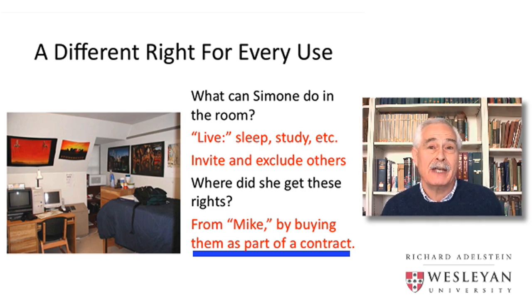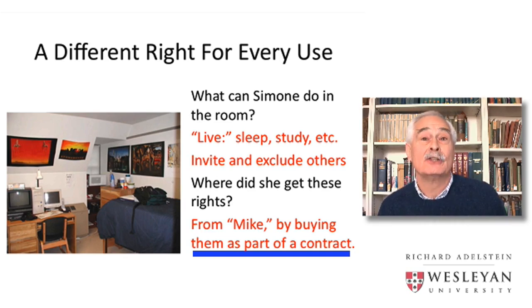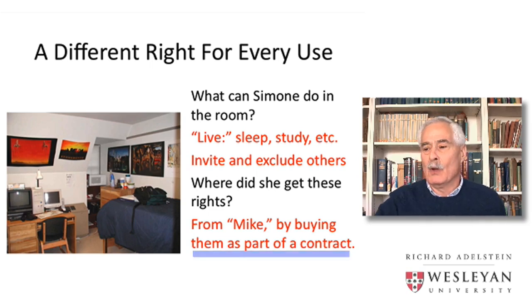Our university, as I speak, has a president named Mike, and so we'll personalize Wesleyan by calling Wesleyan Mike. And Simone, therefore, got the rights that she has to use the room in the way that she can by buying those rights from Mike as part of a contract. She's paid for them, he's delivered them, and those property rights belong to her.